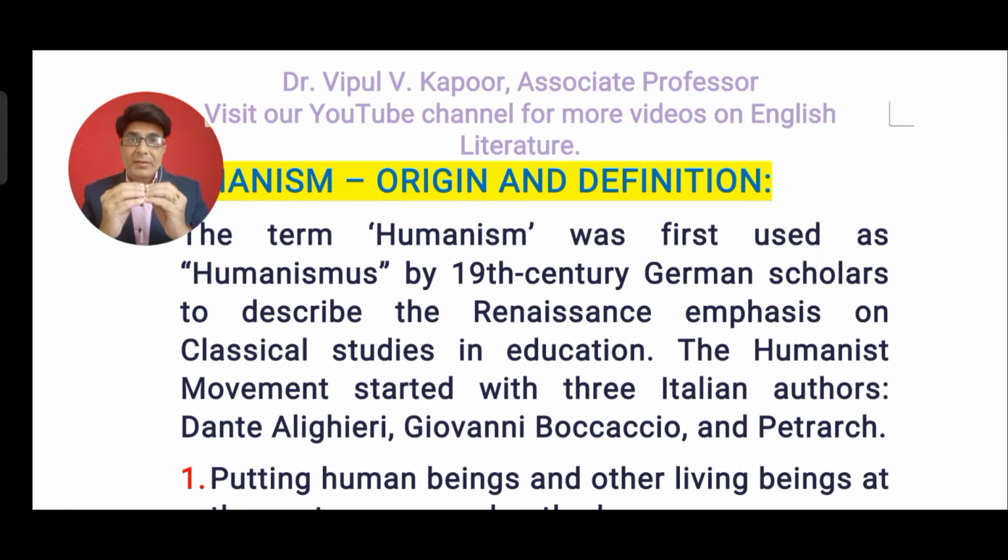So the Renaissance people, the 15th and 16th century people, started getting themselves educated after learning ancient Greek and Roman literature. That was known as humanismus by German scholars.